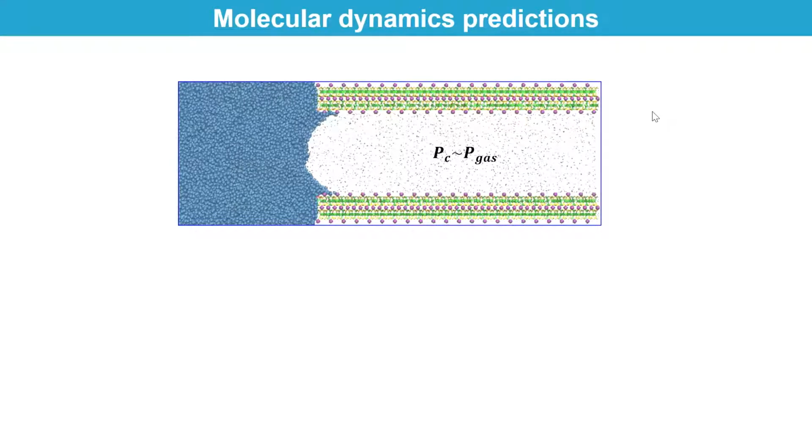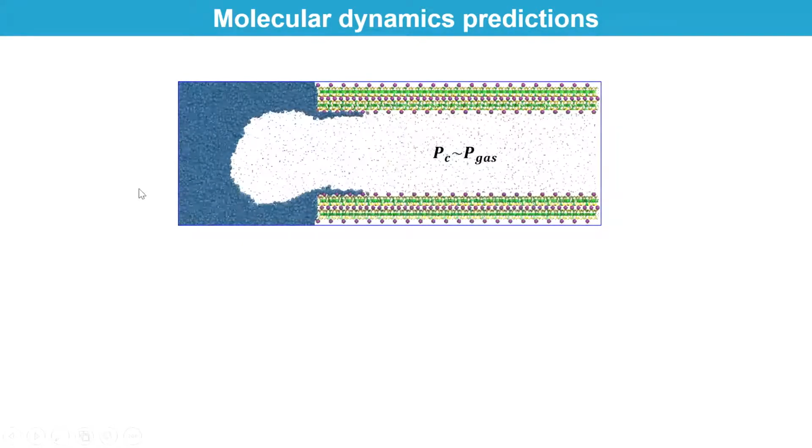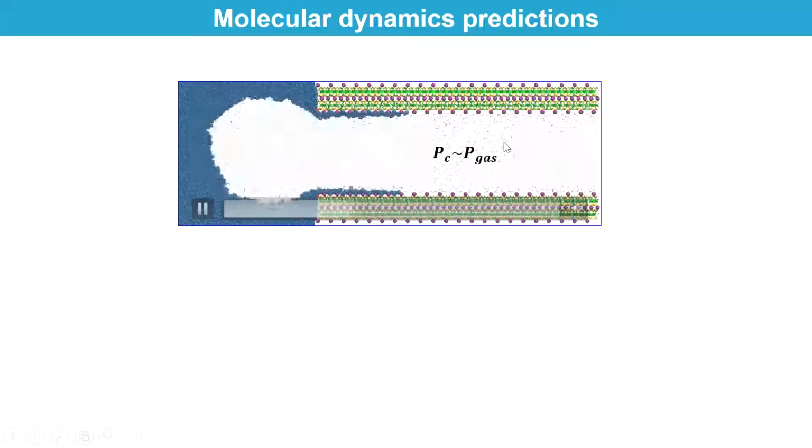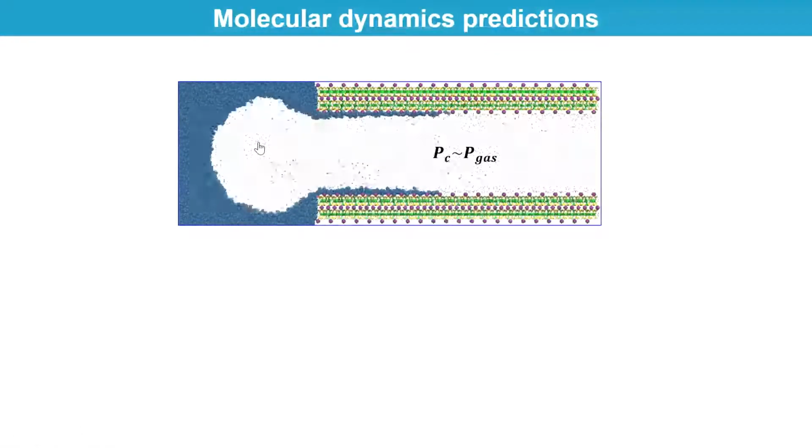So what would actually happen if we consider all the chemistry of both the mineral surface as well as the water molecules? Well, we can run a simulation and find out. What we see is that initially the gas pressure here is pretty high, and then once we release the water, the gas goes out, and as such the pressure becomes lower.